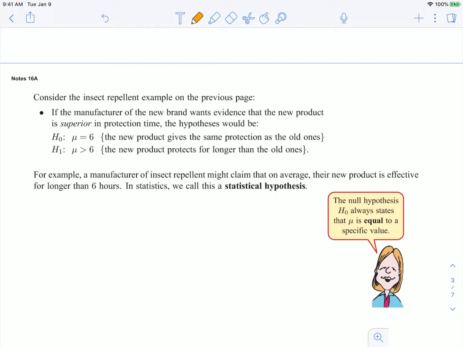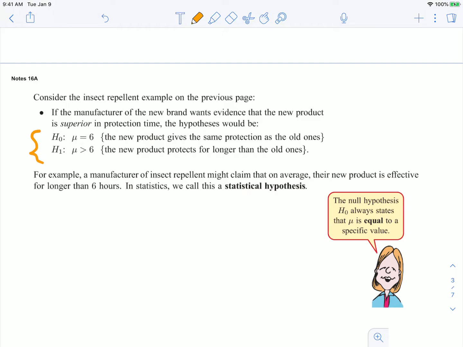So, first example, consider the insect repellent example on the previous page. If the manufacturer of the new brand wants evidence that the new product is superior in protection time, the hypothesis would be stated below. The null hypothesis, the mean equals 6. The new product gives the same protection as the old ones.